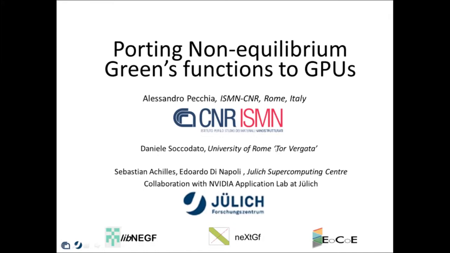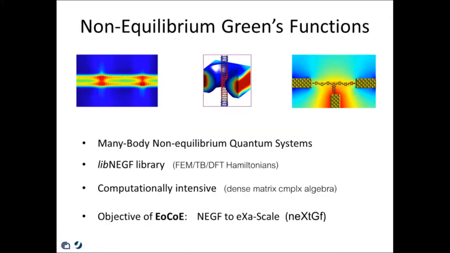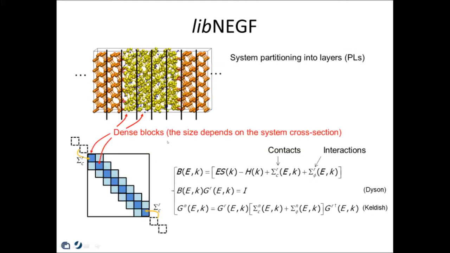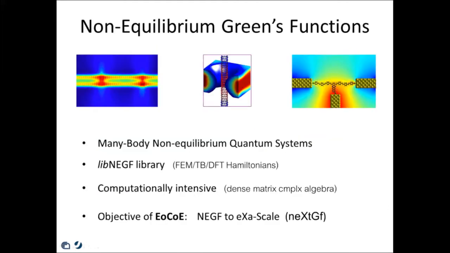of Tor Vergata. So what non-equilibrium Green's function is all about, I will be very quick on the physical stuff. Basically, it's a rigorous formalism to treat many-body non-equilibrium quantum systems. So it is clearly targeted at electronic devices, but not necessarily only for electronic devices.